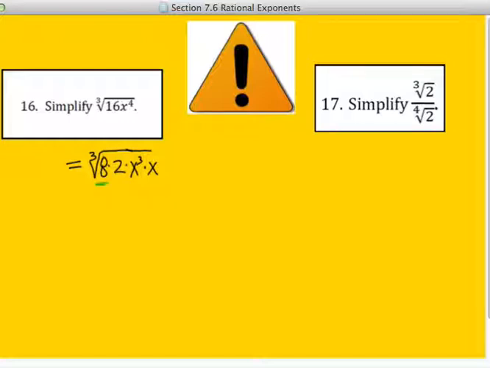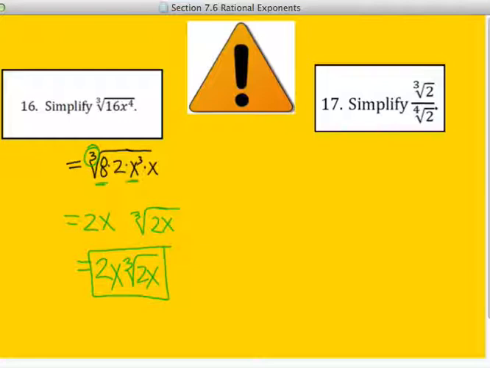So the cubed root of 8 is 2. I'm still going to have underneath my radical the cubed root of 2. The cubed root of x to the 3rd, well, this is really to the 1/3 power, so I would just have x. And then I would have x back underneath the radical. So I'm going to write that a little bit neater. So it would be 2x cubed root of 2x.